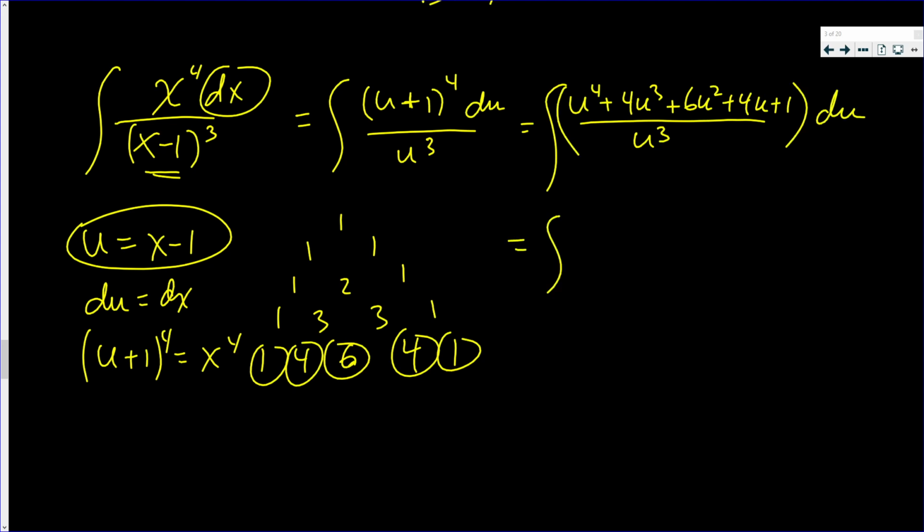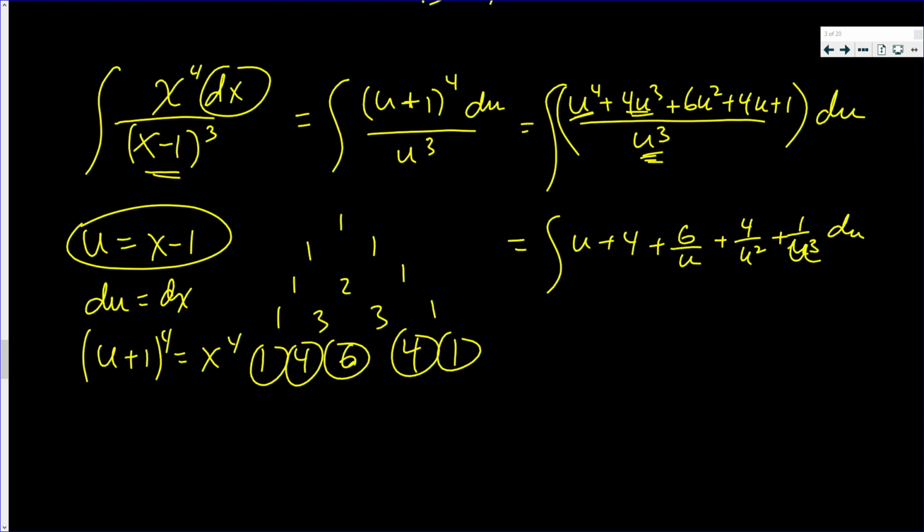The first division gives me u. The next division gives me 4. The next one gives me 6 over u. Then I get 4 over u squared. And then I get 1 over u cubed.